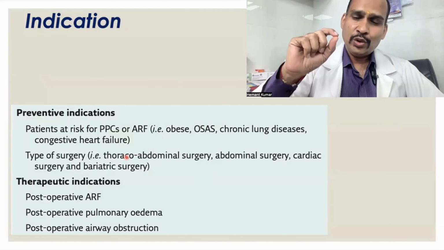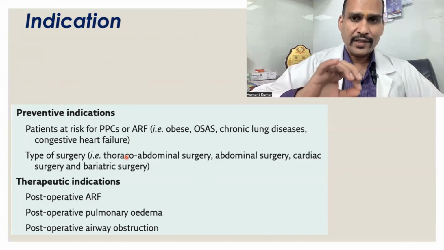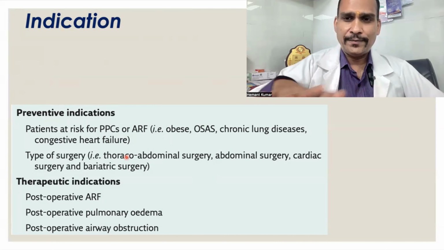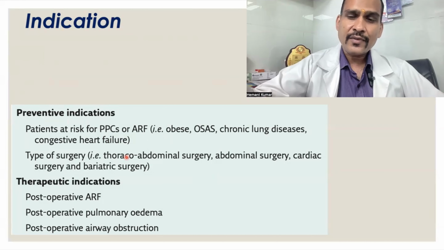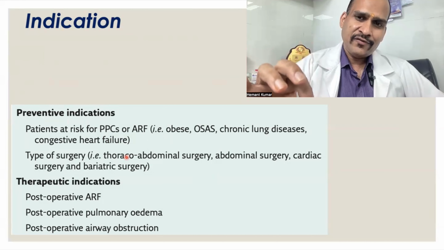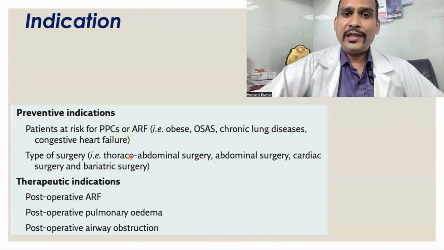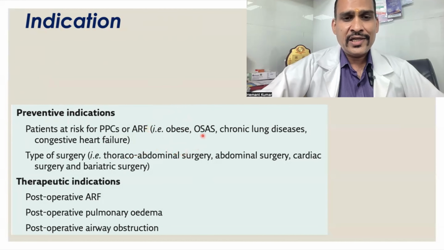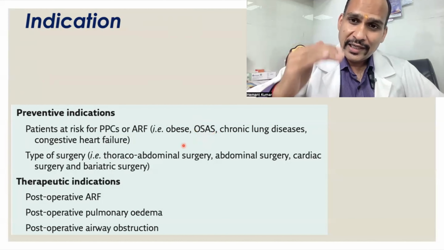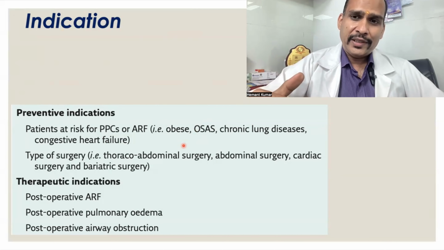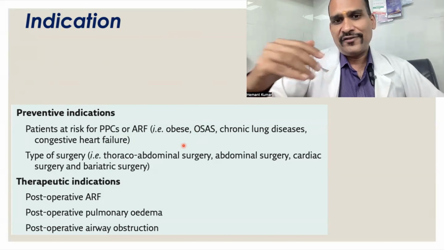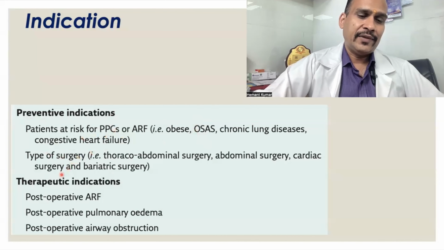So whenever you receive references for fitness for surgery from the surgery department, you have to assess whether any risk factor is there or not. If any risk factor is there, the patient is obese, the patient has OSA, then you can advise that the patient may get postoperative NIV to prevent respiratory failure. Okay. So these are preventive.